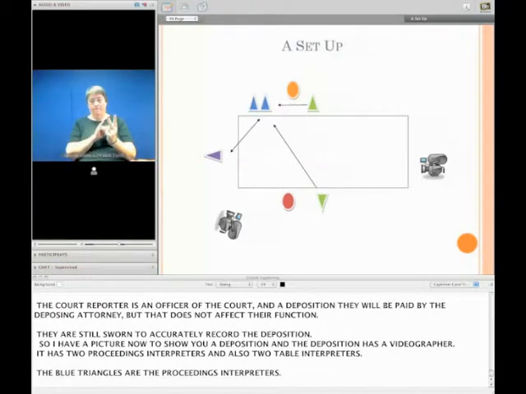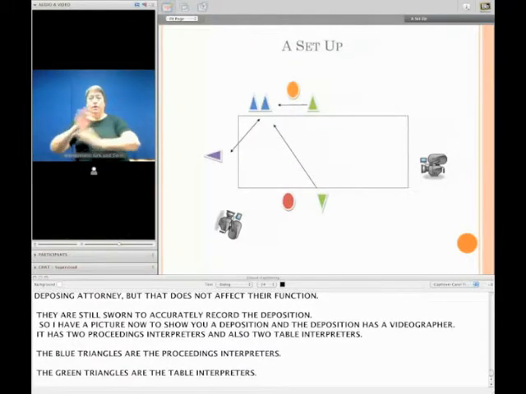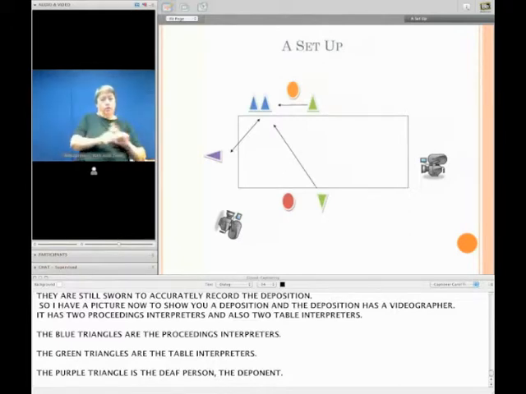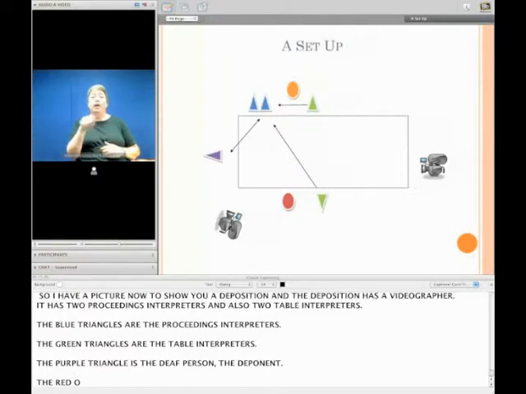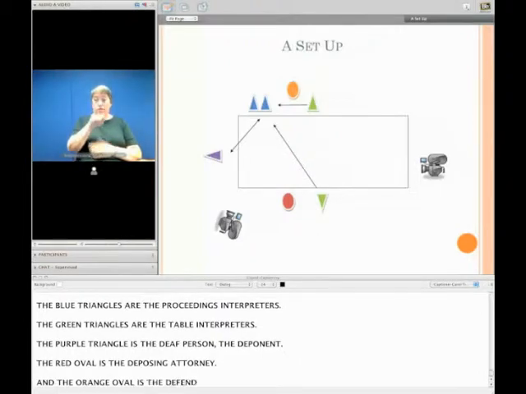The green triangles are the table interpreters. The purple triangle was the deaf person, the deponent. The red oval is the deposing attorney. And the orange oval is the defending attorney.